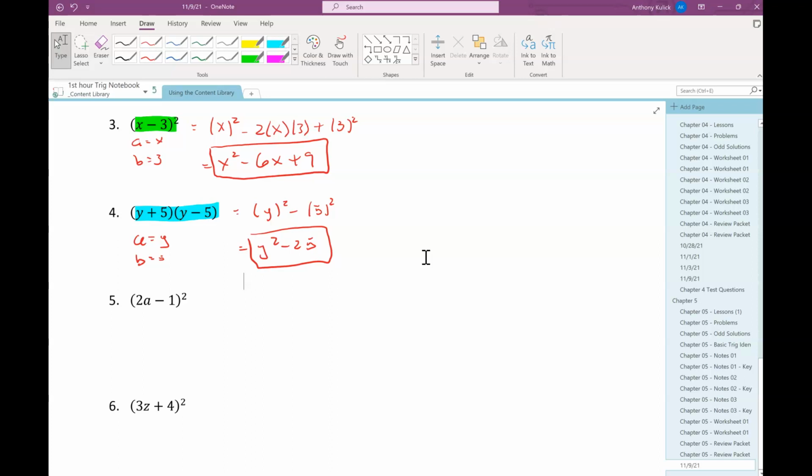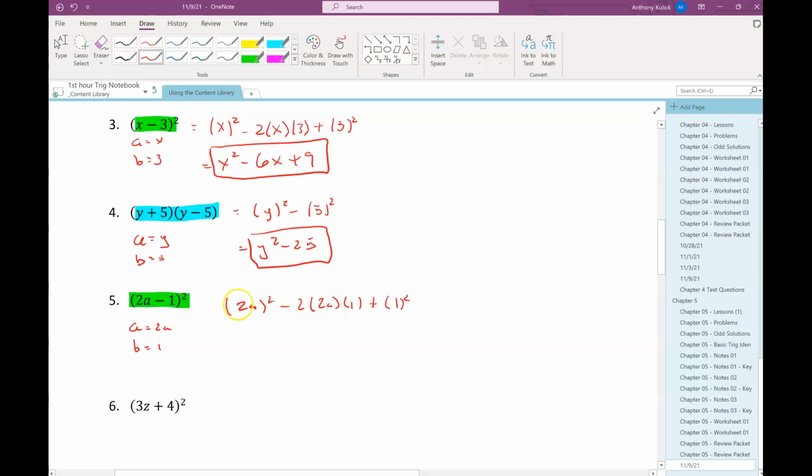All right, even if you're not all the way done, let's start blowing through these. So the first one is the green situation. Here my A is 2A and my B is 1. So we're going to have (2A) squared minus 2 times A times B plus B squared.